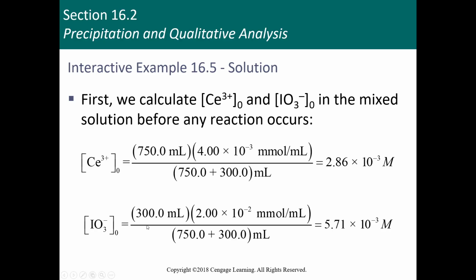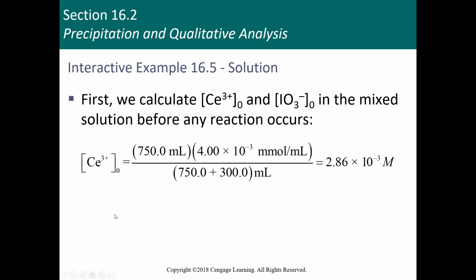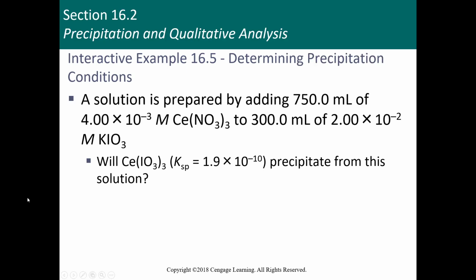All right, so iodate, we do the similar thing. We take 300 milliliters, which is what we added of that, times its concentration over the total volume right here. And that gives us a 5.71 times 10 to the negative third molarity. I would like to quickly point out that the Ce3+ and the iodate were both factors of 1 to their parent salt.